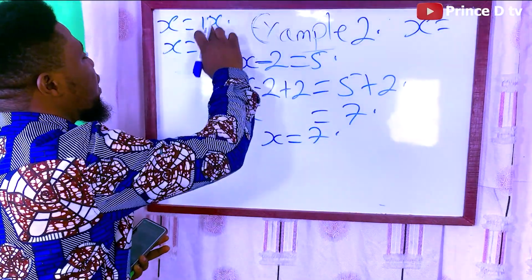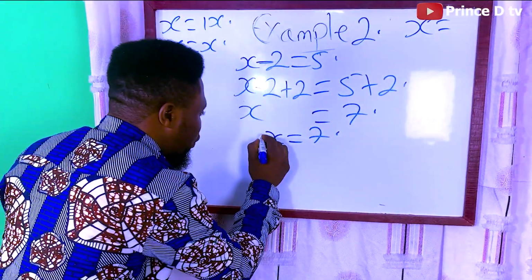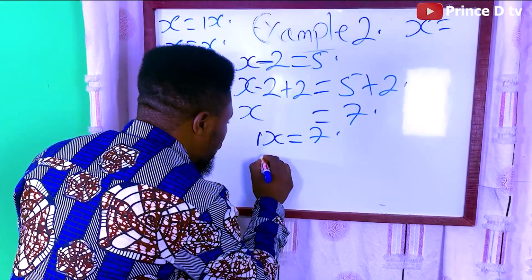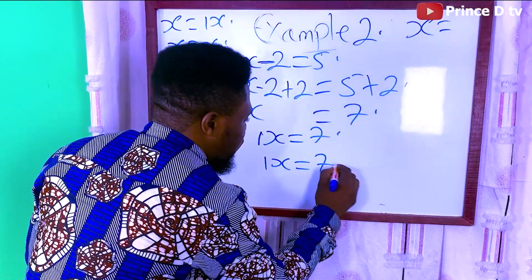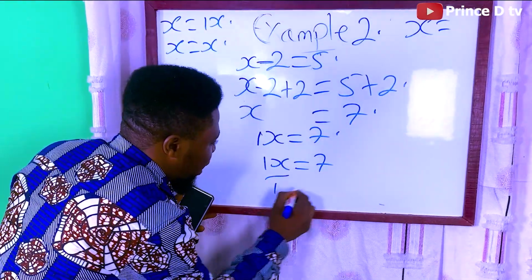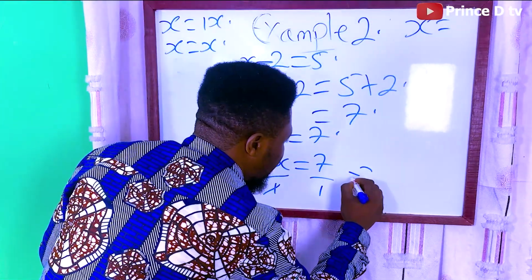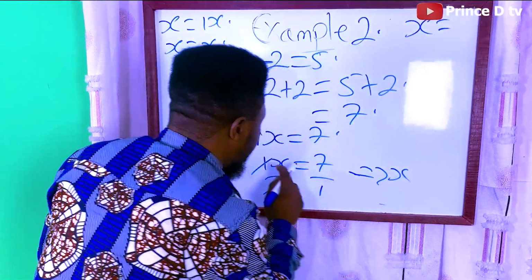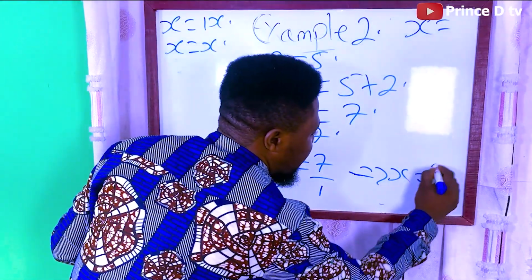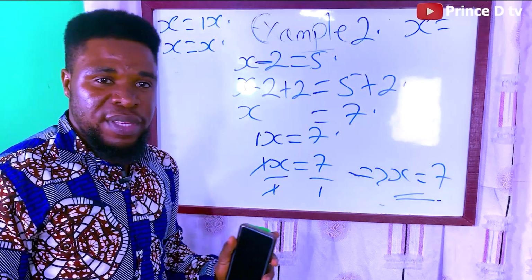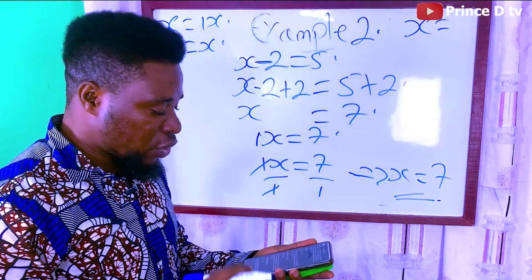If somebody says it's 1x, if you like, you put it like this. Then we divide all through by the 1, right? You cancel, and we still come to the same thing. We have x equals 7 divided by 1 is 7. Still the same. So that's it for simple linear equations.